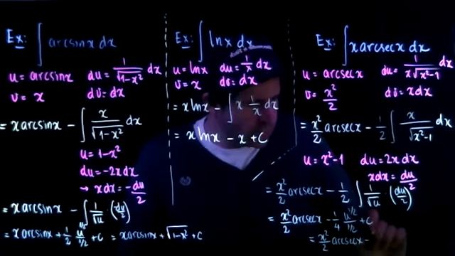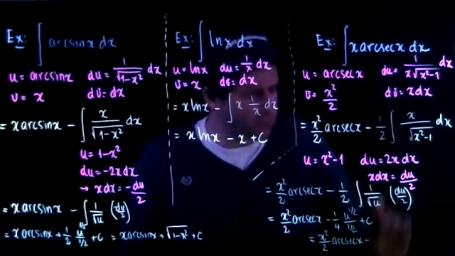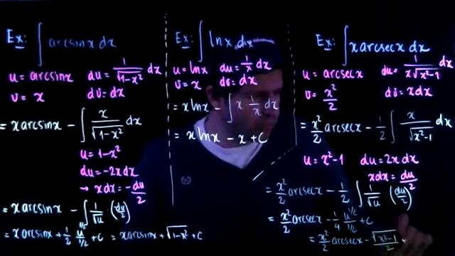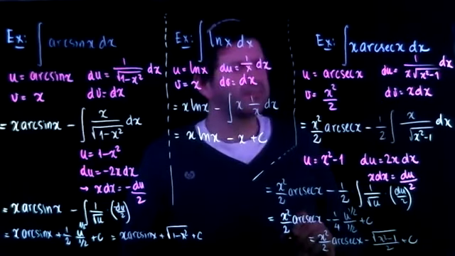So u is x squared minus 1, so power 1/2, so square root of x squared minus 1 over 2 plus c, this is what I get.